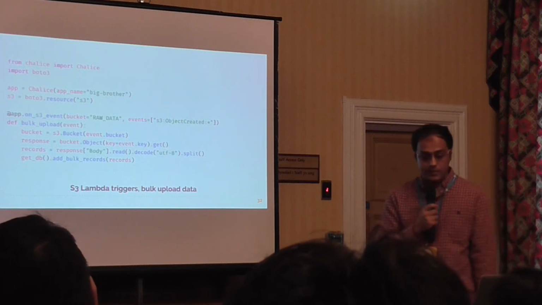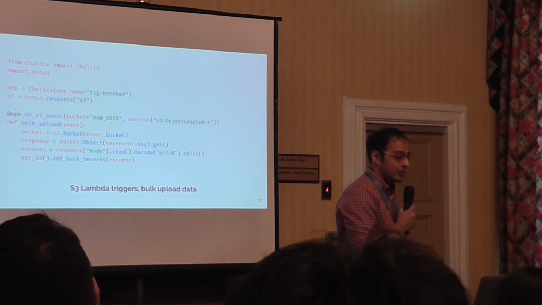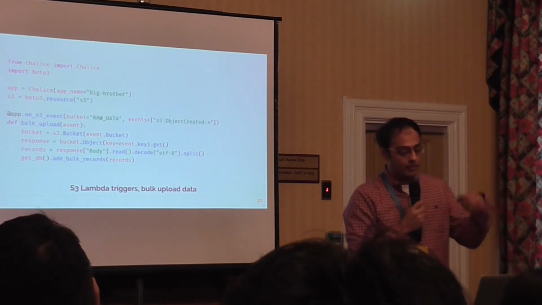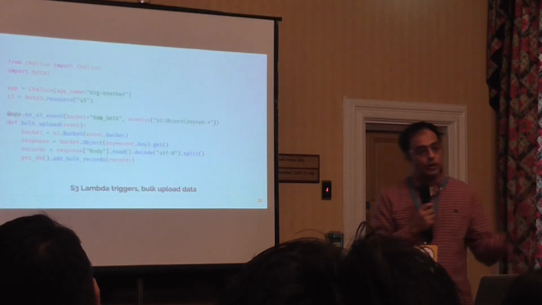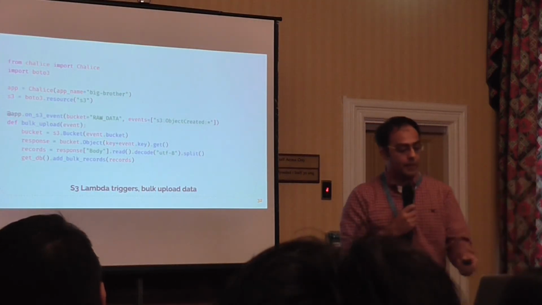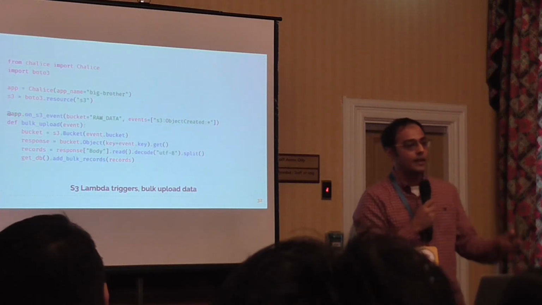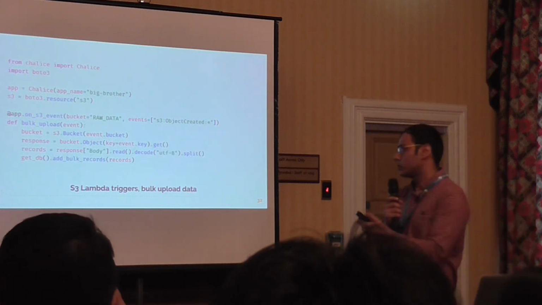Or it could listen to all the events as well. And that triggers this Lambda function. In this particular case, I take the file from S3, download it onto my Lambda function, split it up into lines, and then pass it on to my database to be added in there. So this is like ETL, where I'm taking files, parsing them, and then uploading them to my database.